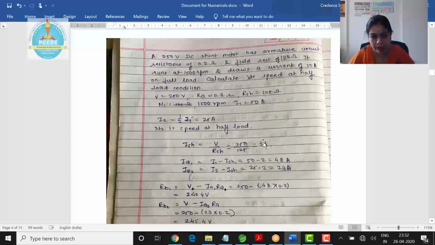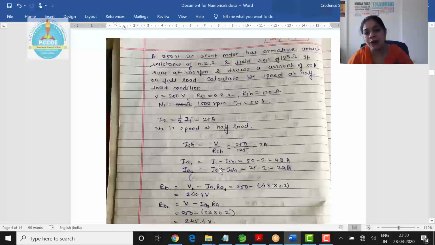Now I have the ISH value, I have the total current value, which is 50 amperes. So what will be IA1? IA1 will be I1 minus ISH, is equal to 48 amperes. Now again, IA2 will be what? IA2 will be I2 minus ISH, because ISH is not going to change as it is a parallel branch, so that current will not get affected. So ISH will be 2 here, but what is the value of I2?